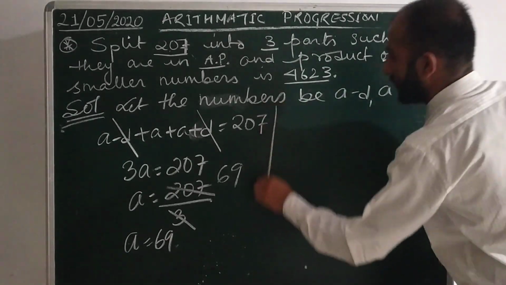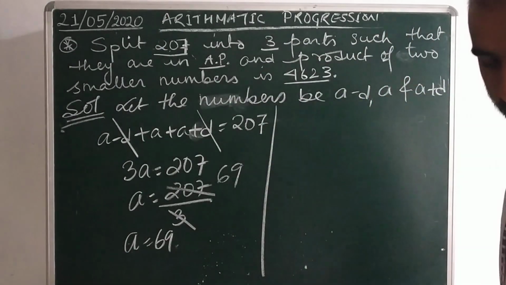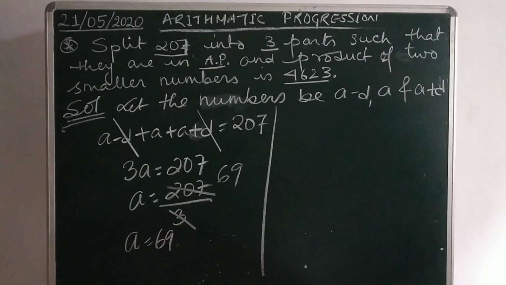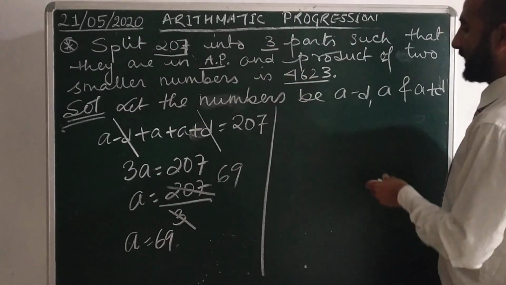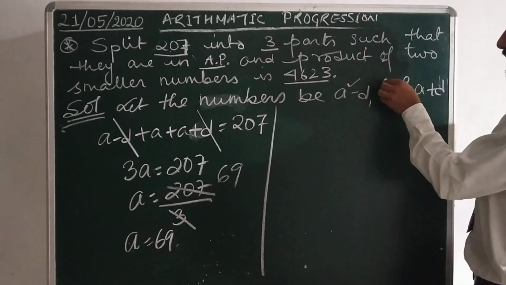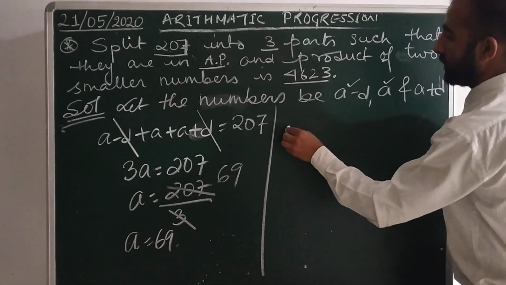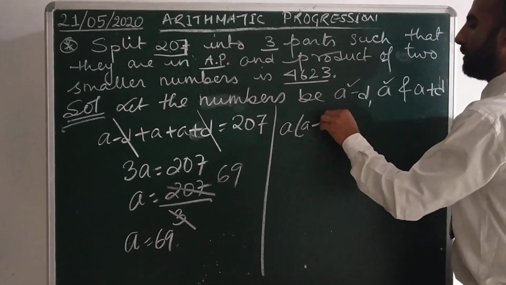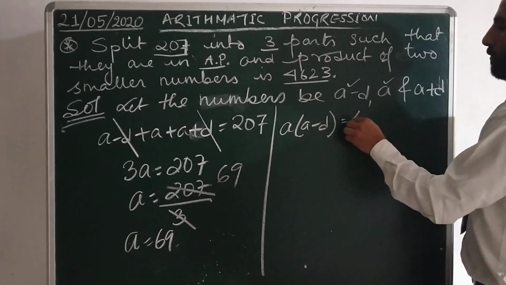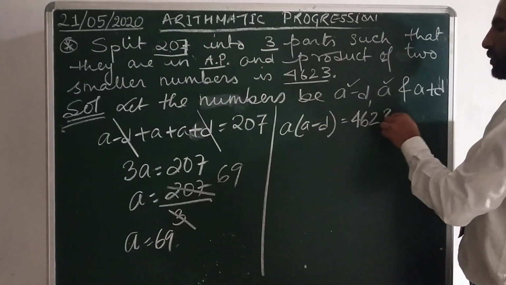Okay, now what is given to us? The next condition is the product of the two smaller numbers. That means the first one and the second one is 4623. Let's see. So A into A minus D is given as 4623.